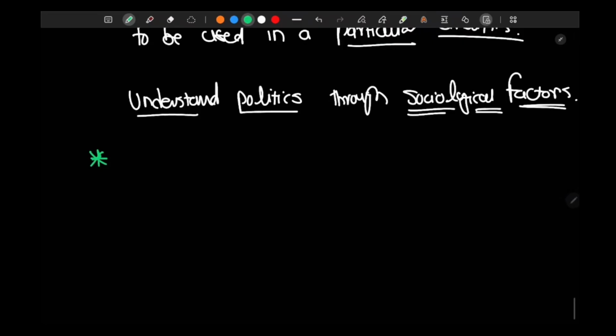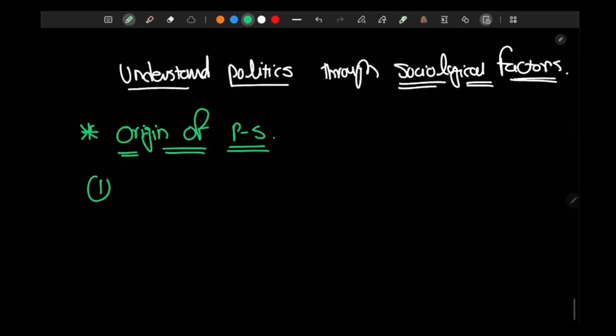Who influenced the political sociology approach, or who started it? We have to see the origin of the political sociology approach. Of course, it starts with Aristotle.